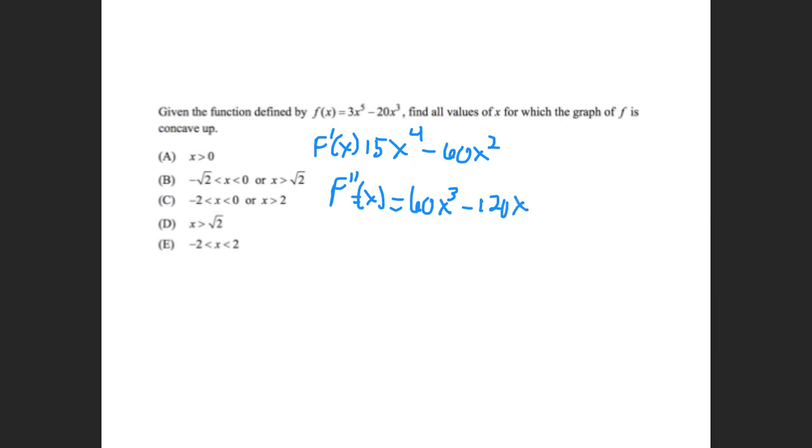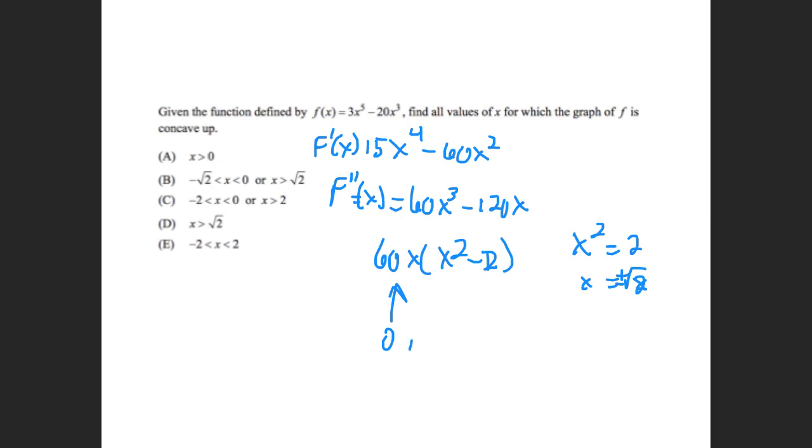So I'm going to factor out a 60x. That leaves me with x squared minus 2. Well, a little bit different. So I know x equals 0, and then x squared minus 2, so that's going to be x squared equals 2. So that's going to be x equals plus or minus the square root of 2.